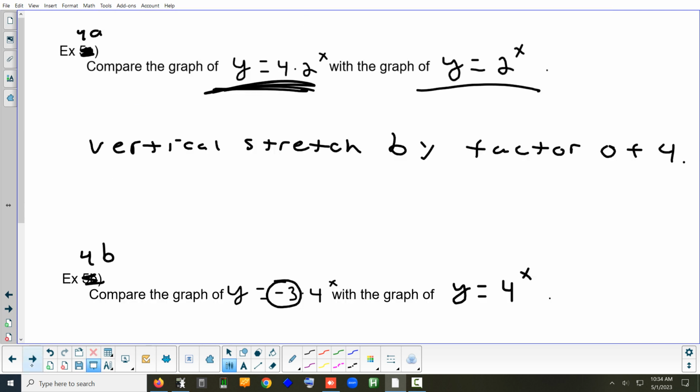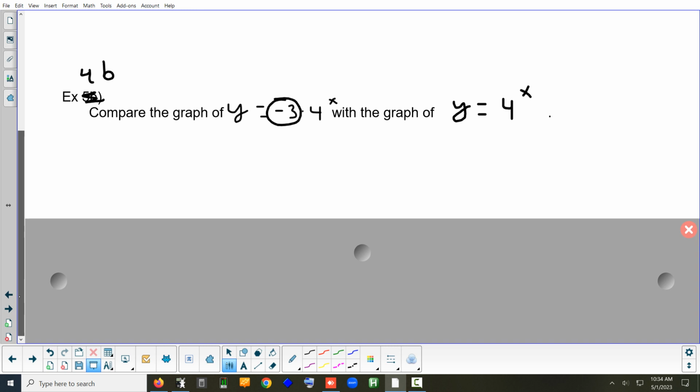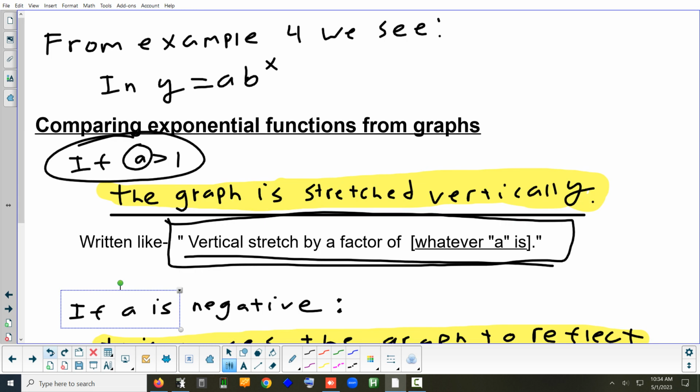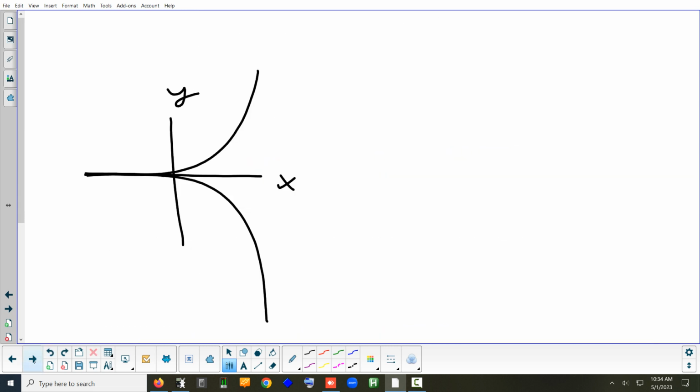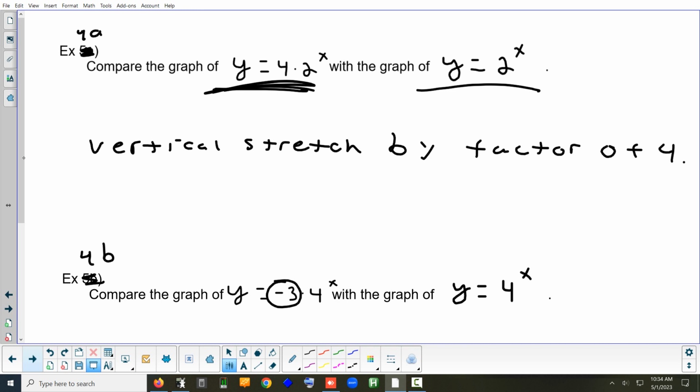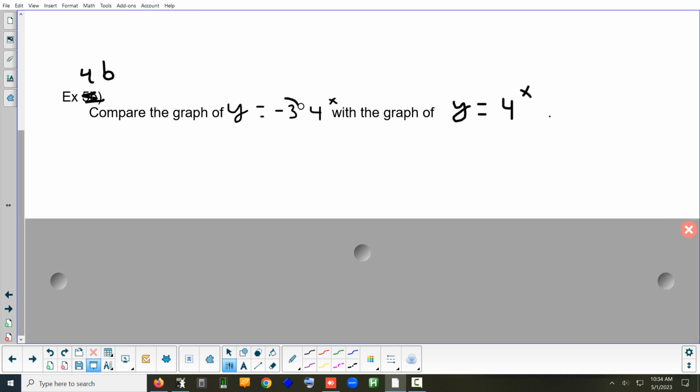So the first thing we want to write down is the vertical stretch. And for that, all you want to do is focus on that number. Don't worry about the negative yet. We'll write the negative second. So how would you describe what the 3 is doing? What would be the sentence you would write?